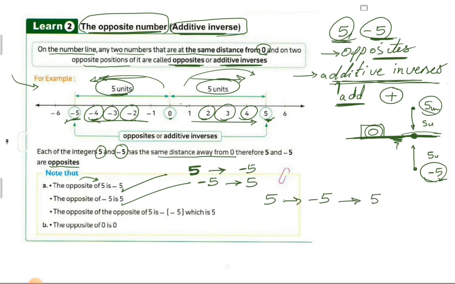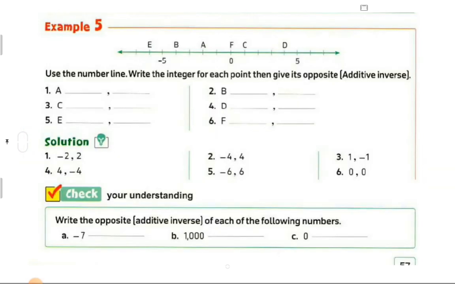So the opposite of the opposite is the same number. The opposite of 0 is 0. Why? 0 is the origin point. We have no distance here or here, it's just 0. So the opposite of 0 is itself, 0.